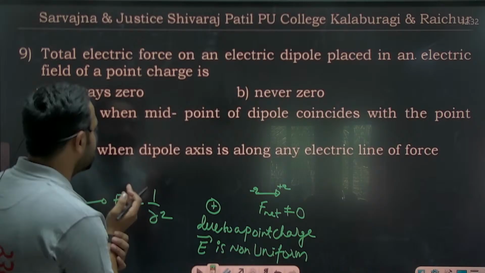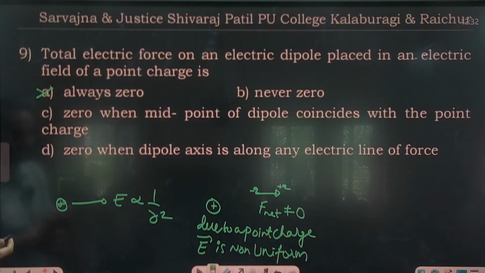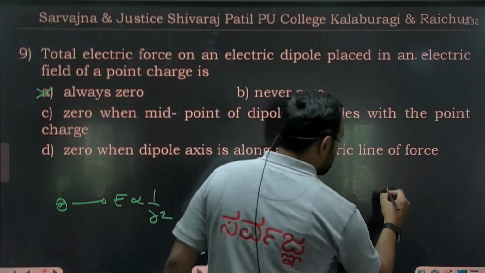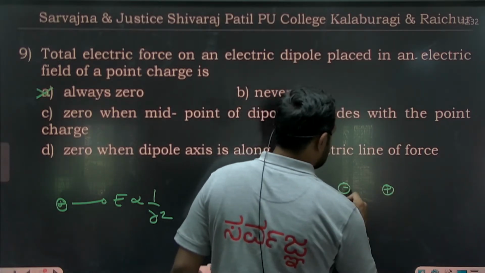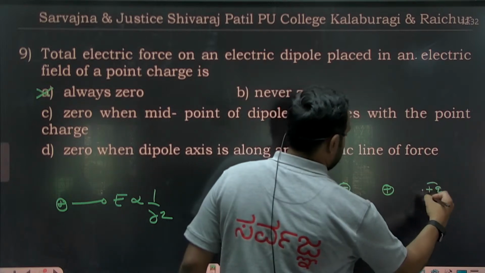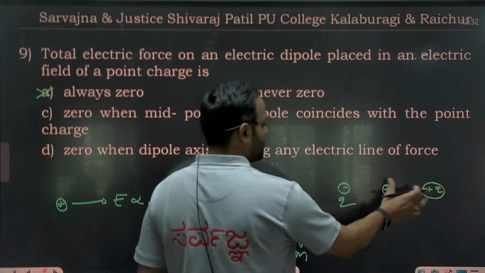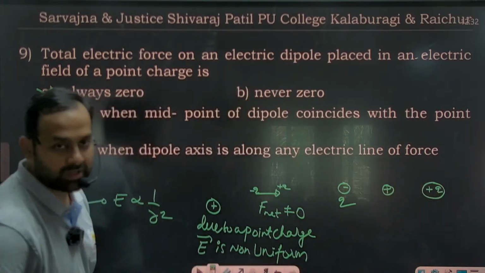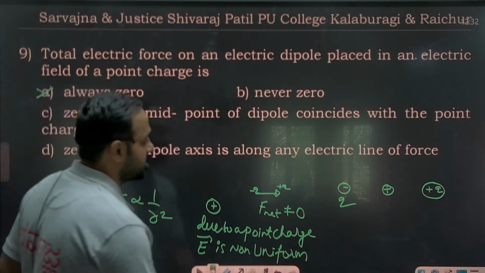Option C: 0 when the midpoint of the dipole coincides with the point charge. No. Why will it not be 0? Let's say this is the point charge and the dipole is like this, minus q here and plus q here, and this positive charge is at the middle of the two.